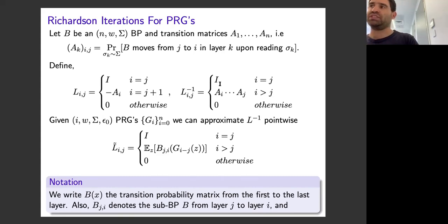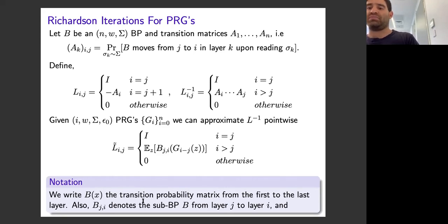I defined PRGs as approximating the acceptance probability, but in this terminology, the acceptance probability of this product roughly to some extent is like understanding the acceptance probability of this sub BP from layer J to layer I. So this notation, BJI, denotes the sub BP from layer J to layer I, and you can no longer talk in terms of accept, reject.